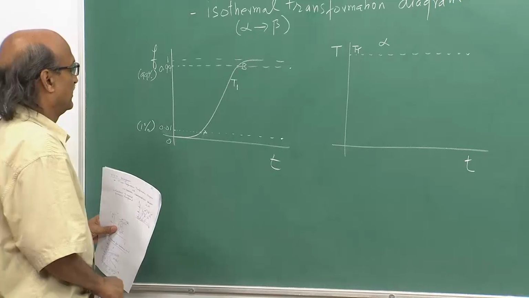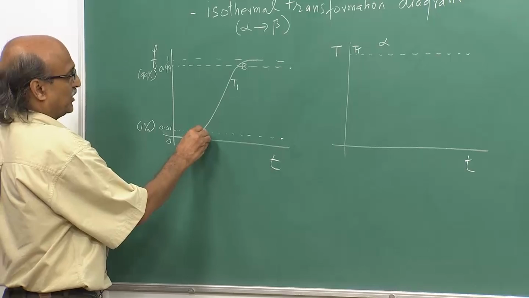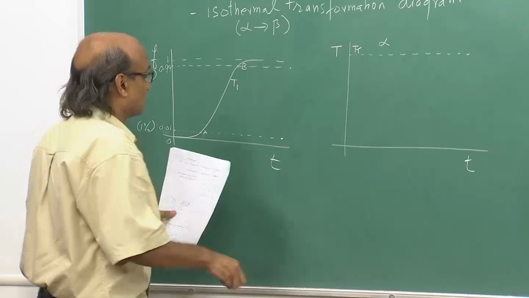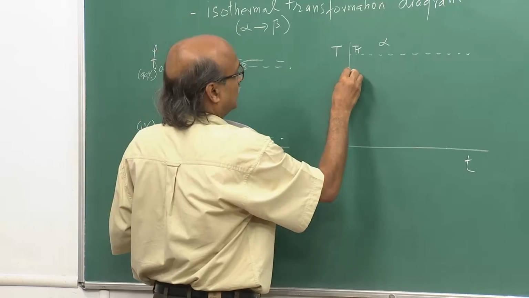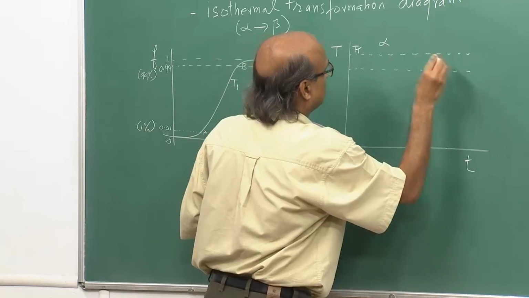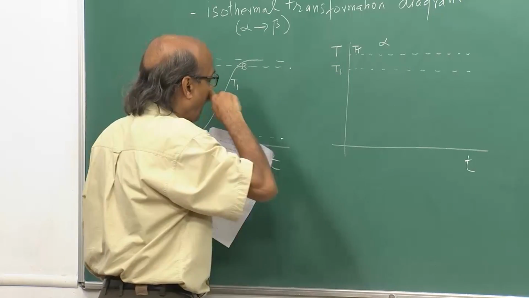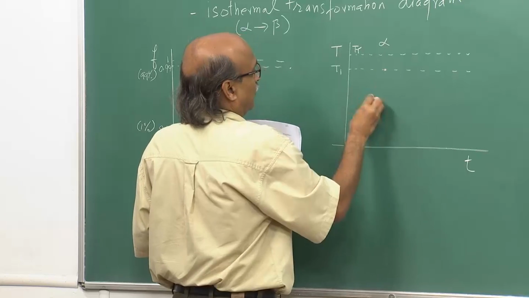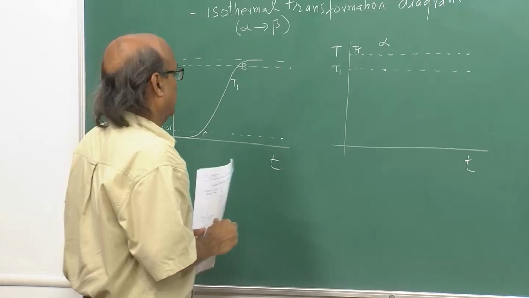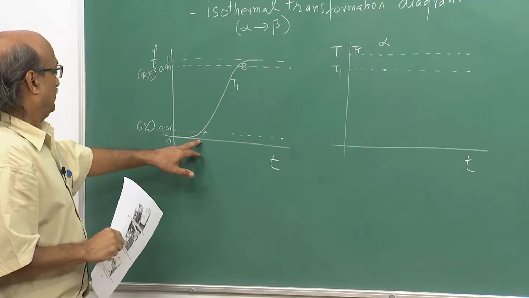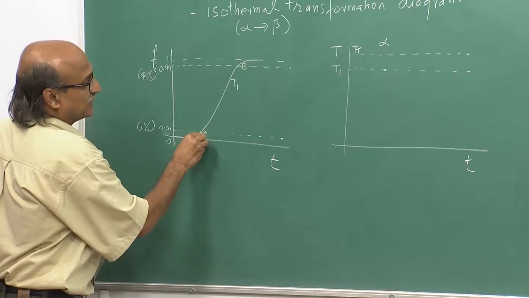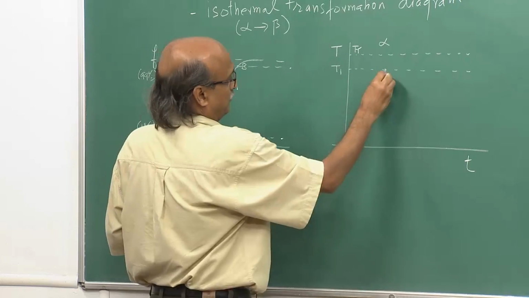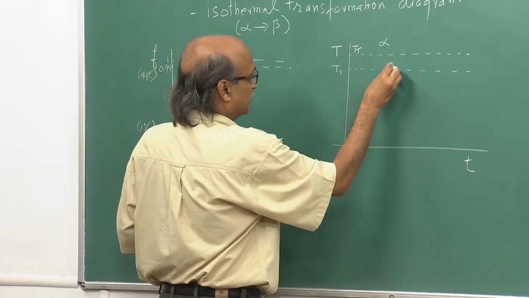Now, on this diagram, I want to plot these points A and B. So, let us say this is my temperature T1, and on this, point A is whatever time that is here. The same time I plot, I make this point A here.